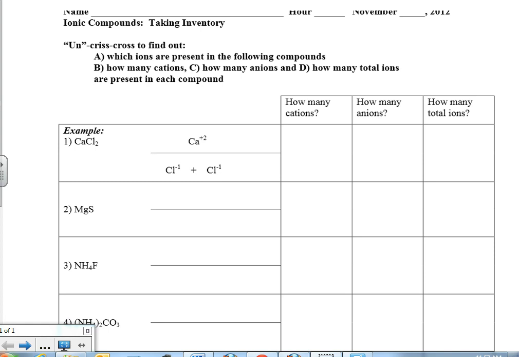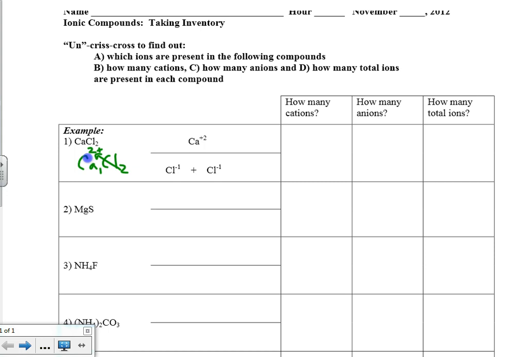This is calcium chloride. If you were to take that formula and uncrisscross, effectively taking the subscript of 2 from the chlorine and bringing it back to the calcium, the cation, that tells you that the charge on the cation was a +2.